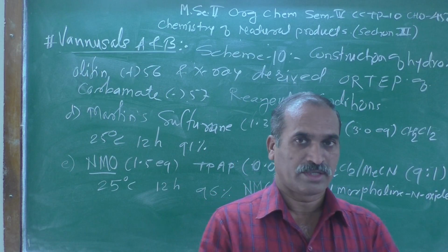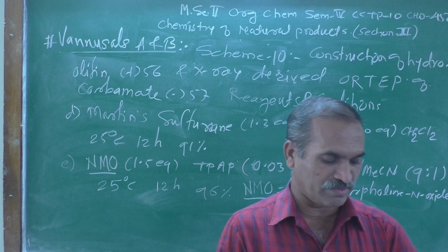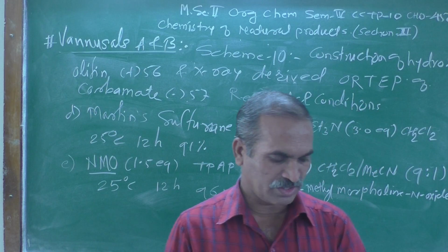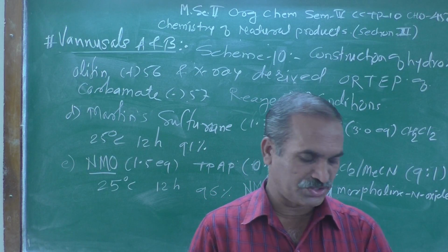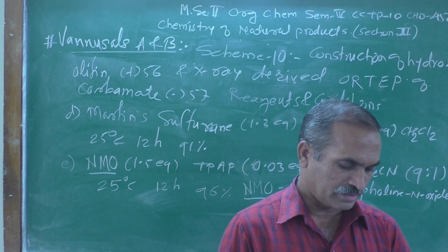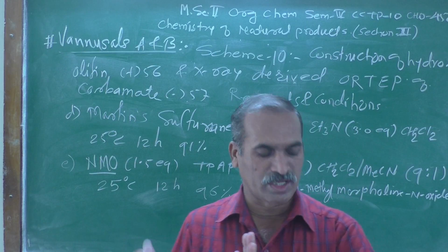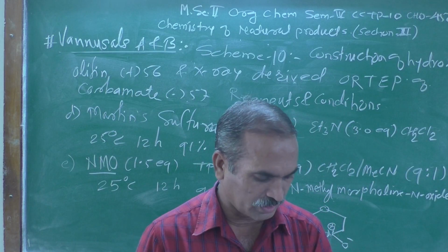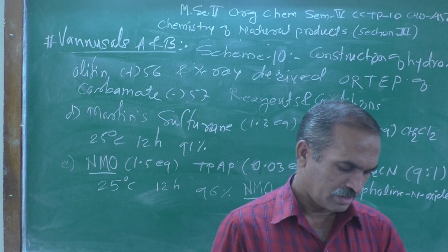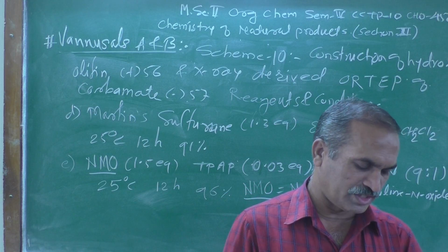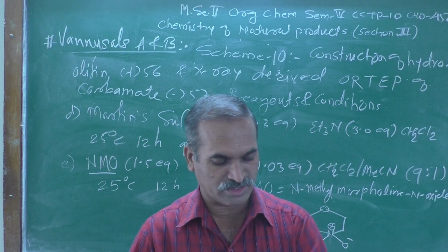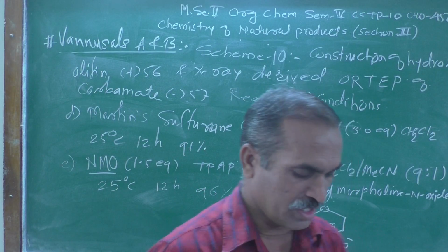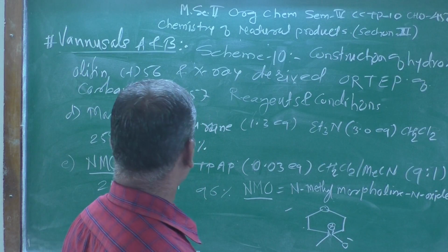It has a melting point of 70 degrees centigrade. It is very stable under normal conditions, and it is soluble in polar solvents like water. It is a stoichiometric oxidant for transition metal catalyzed oxidation; that is its specialty.